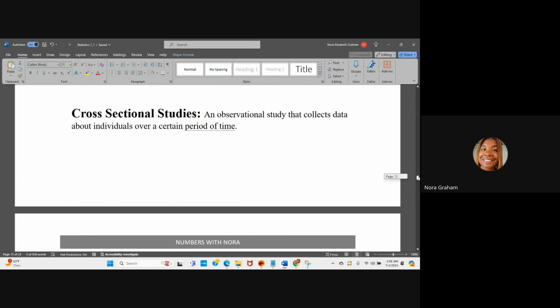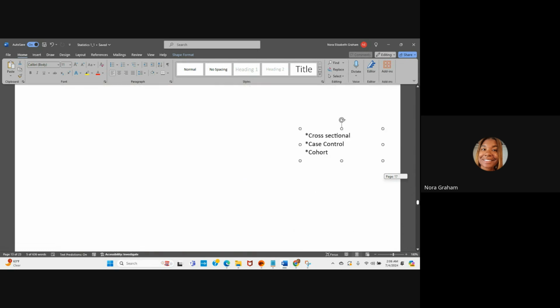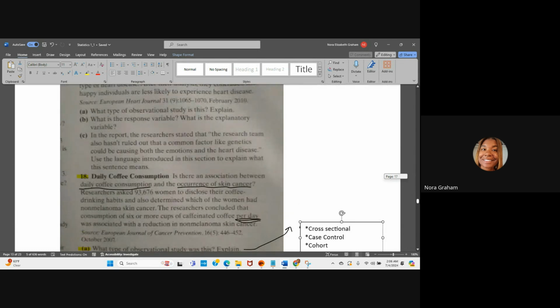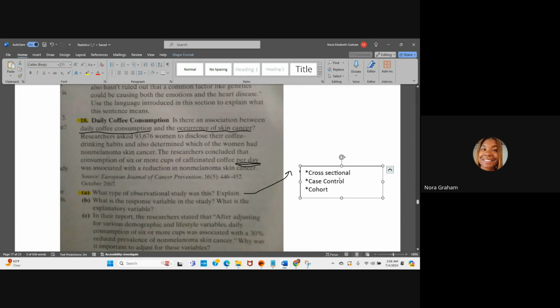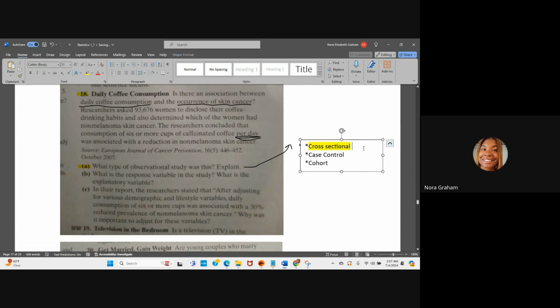So this one, we do have time involved, okay? So that's why I would consider cross-sectional, because they say daily. Okay, that's like a key hint, right? So this is going to be cross-sectional. And it's just because time was involved. It gave us a time period.